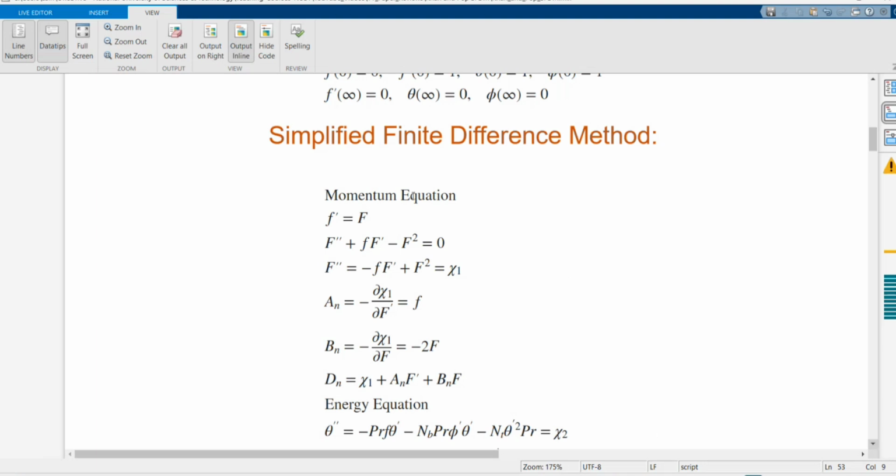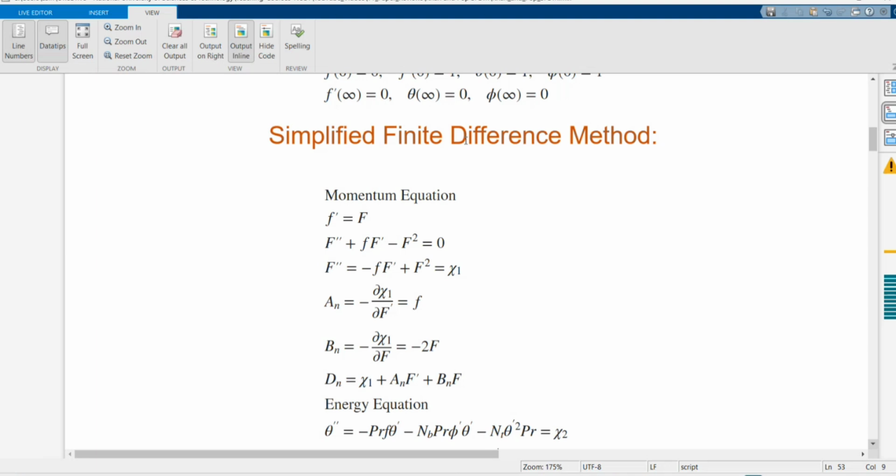We are not calling this method a finite difference method since it is not one. One option was to call it the modified finite difference method, but it doesn't look good, so we call it the simplified finite difference method, since it becomes a simple finite difference scheme. That's what the name is all about.